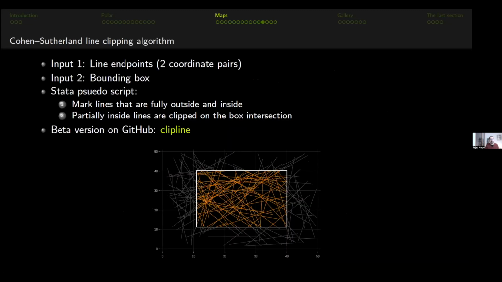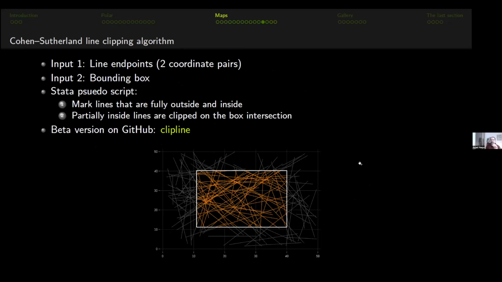One of the popular ones is the Cohen-Sutherland algorithm. What it needs is basically lines with 2 endpoints, so you have x1, y1, x2, y2, and you need a bounding box. The script functions like this: you first identify lines which are fully inside or outside, and then the lines that are partially inside, you clip based on the intersection.